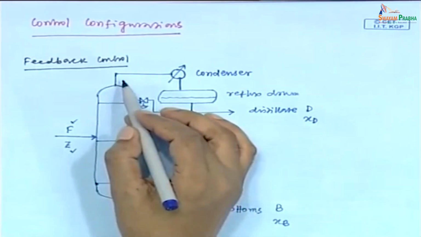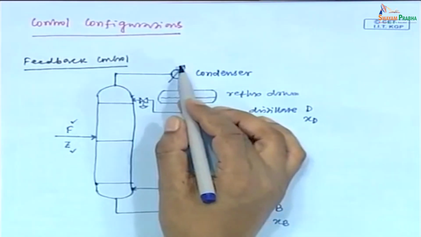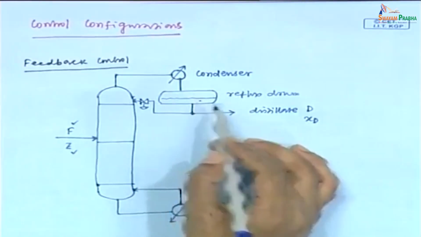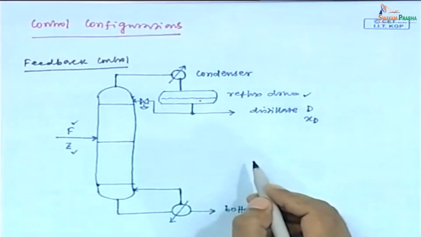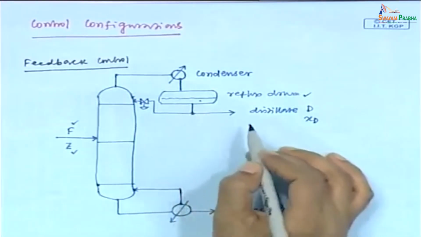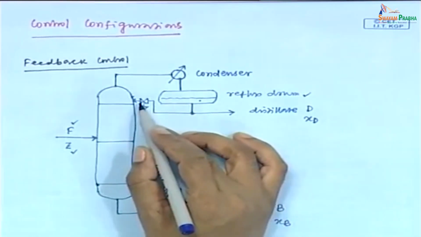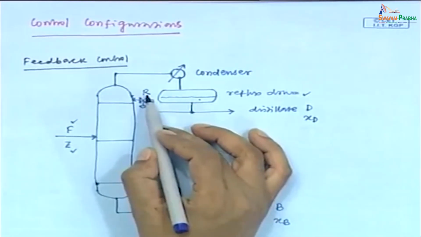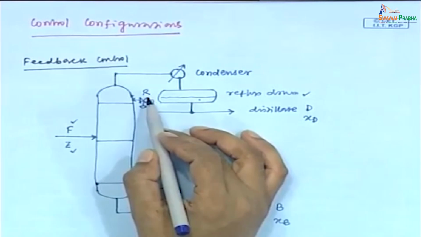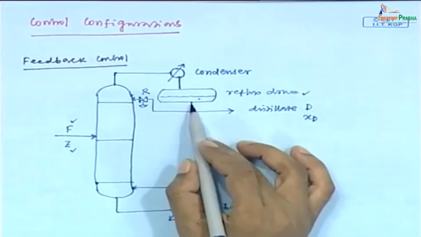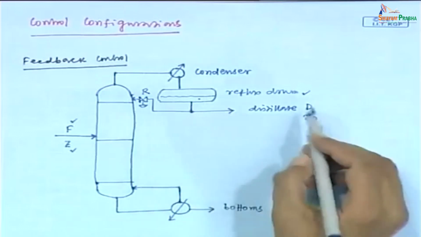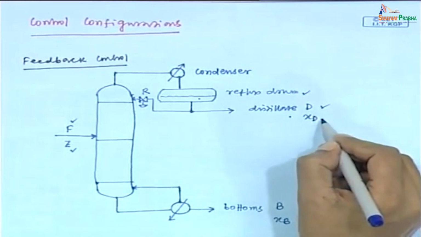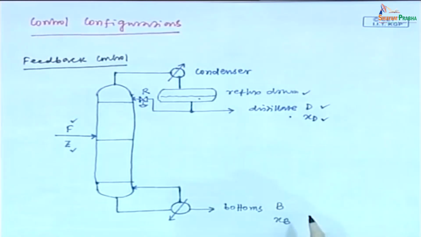Now, the overhead vapor goes to a condenser, condensation occurs, then the condensed liquid is accumulated in this reflux drum and part of this liquid is recycled to the top tray as reflux. This is called the reflux rate, reflux stream, and another part of this accumulated liquid is withdrawn as distillate with flow rate D and composition, or you can say mole fraction, XD.